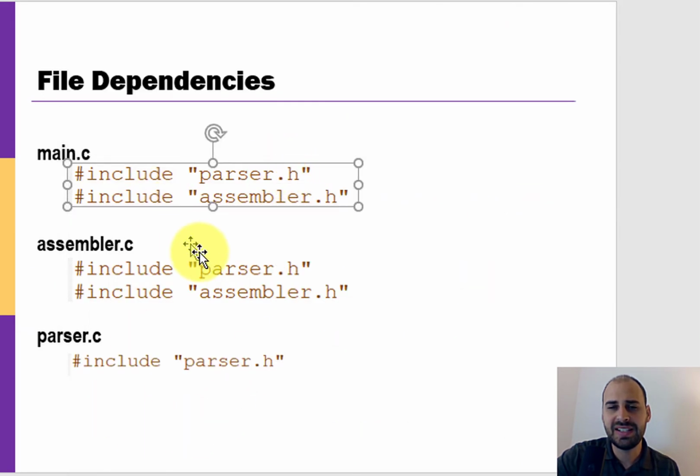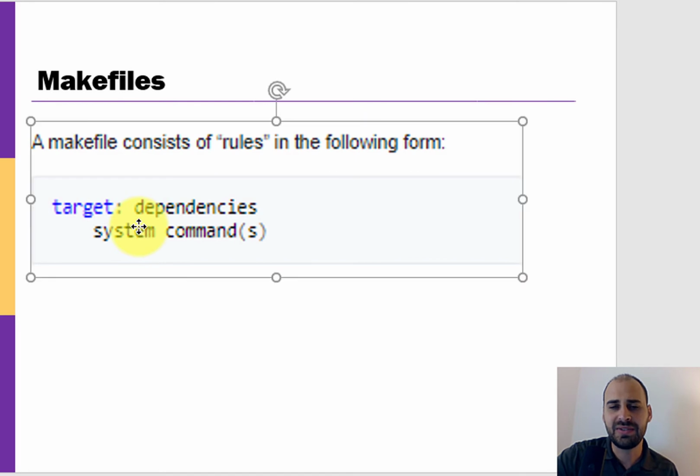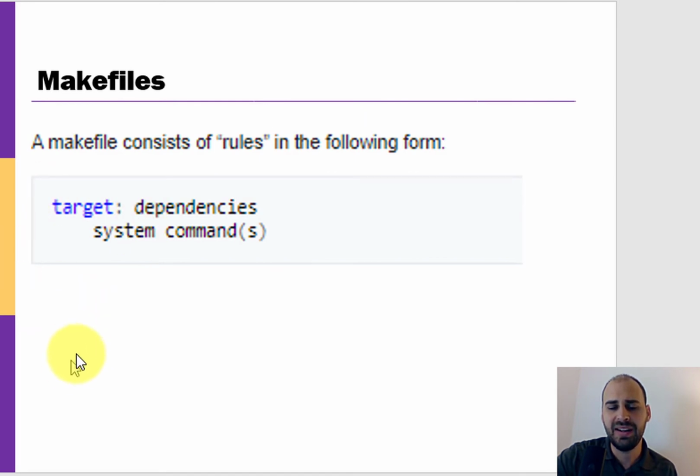So we're getting a sense of the dependencies by looking at that, and this is really important, because what we want to get towards here is making files follow the following format, where we're listing all the dependencies for something. You'll see this in a moment.